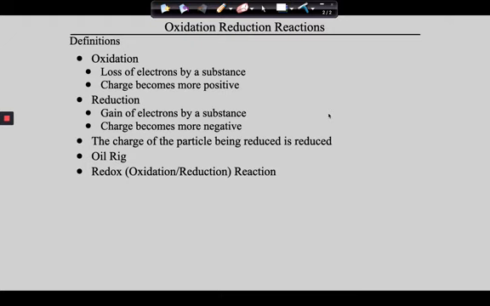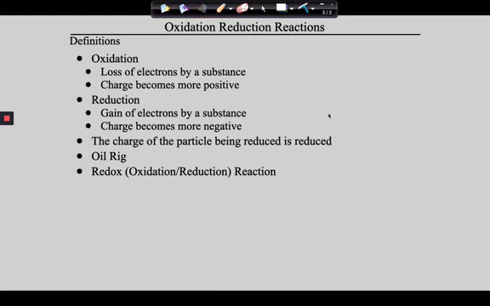So guys, in a redox reaction, we now honor the fact that these things have to happen in pairs. So fundamentally, guys, if we're going to have oxidation, which is the loss of electrons, those electrons have got to go somewhere. And the place that they go then is to the thing that's being reduced.